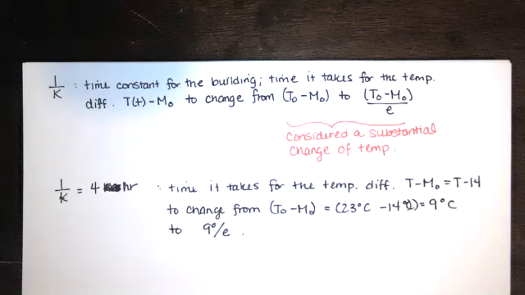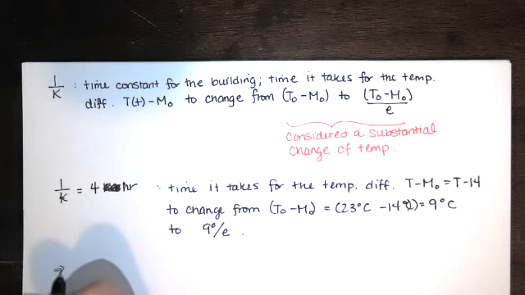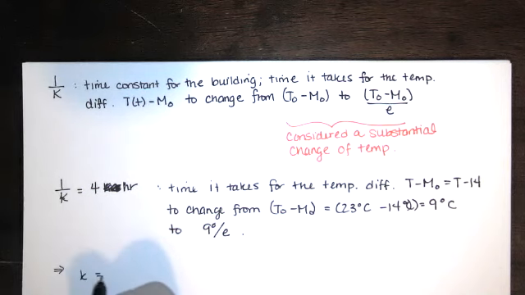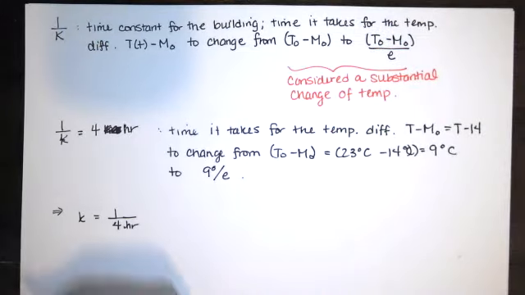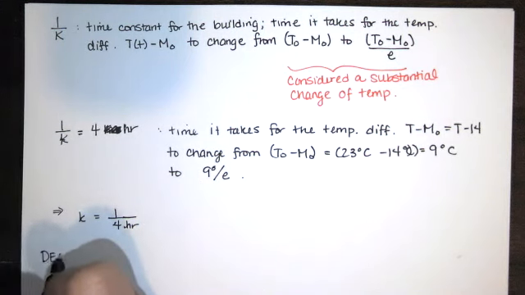You say, okay, well, what does that mean for us? Well, if I know that 1 over K is 4 hours, then that means K is 1 divided by 4 hours. We can take the reciprocal of both sides. And we can substitute that into our differential equation.